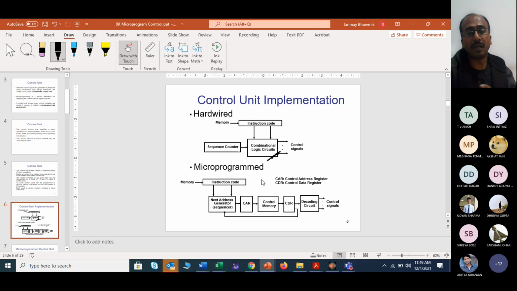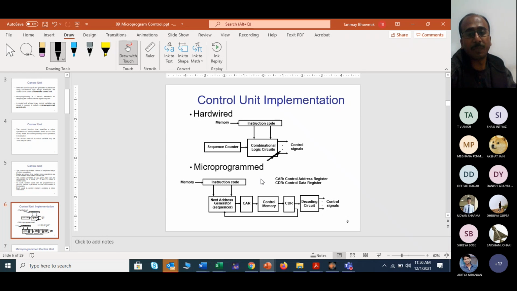Okay, and the sequence counter obviously should be there, because if you are in a loop, or in any kind of recursive or iterative method, then you have to count how many times your loops should be repeated, right? So that is why the sequence counter will be there.